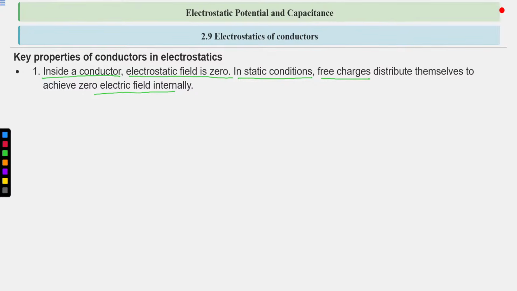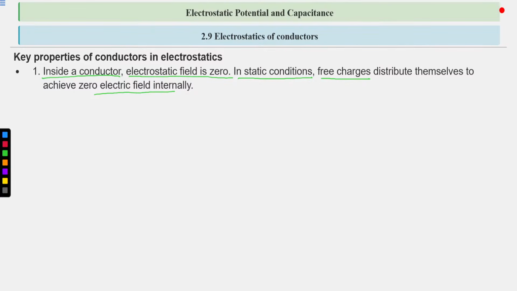Because if any electric field exists internally, then the free charges will experience some force due to this electric field in the internal part of the conductor, due to which the mobile charges move and produce current, which is not the static condition.